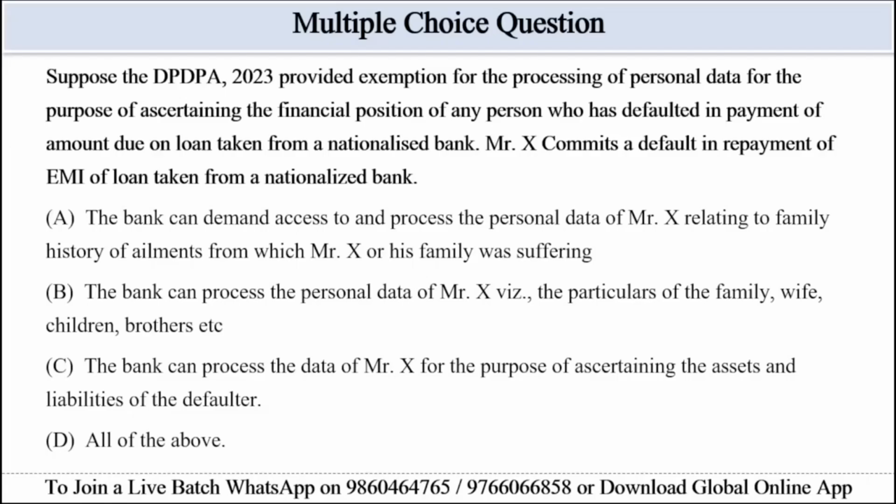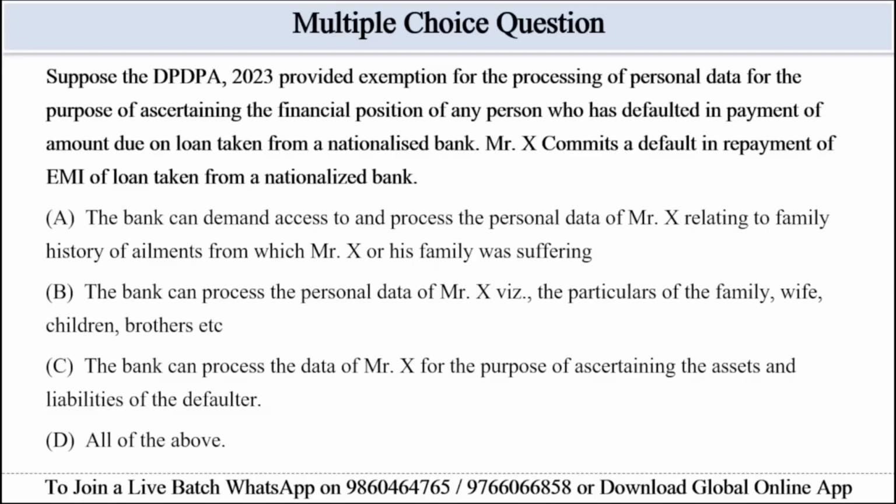In case of option B, the bank can process the personal data of Mr. X, the particulars of his family, wife, children, brothers, etc. So purely demographic family composition data without connection to assets or liabilities goes beyond what is reasonably necessary to ascertain financial position.